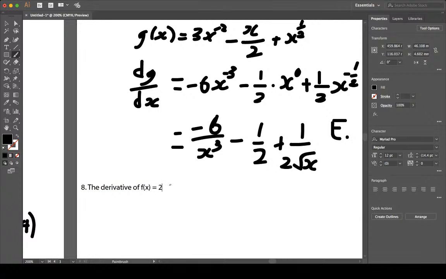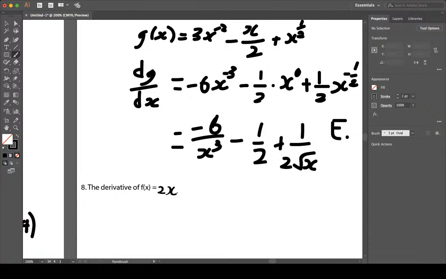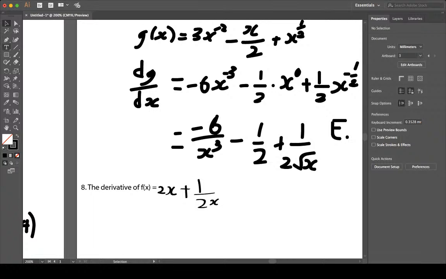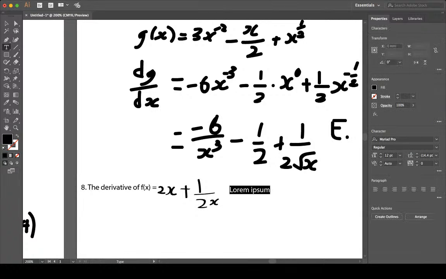So this would be 2x plus 1 over 2x at x equals 1.